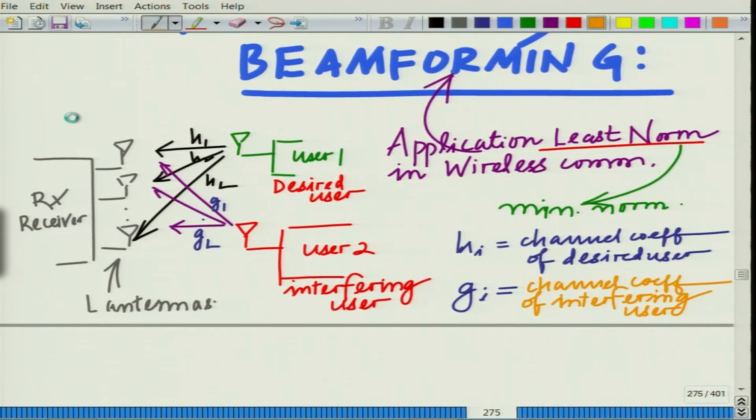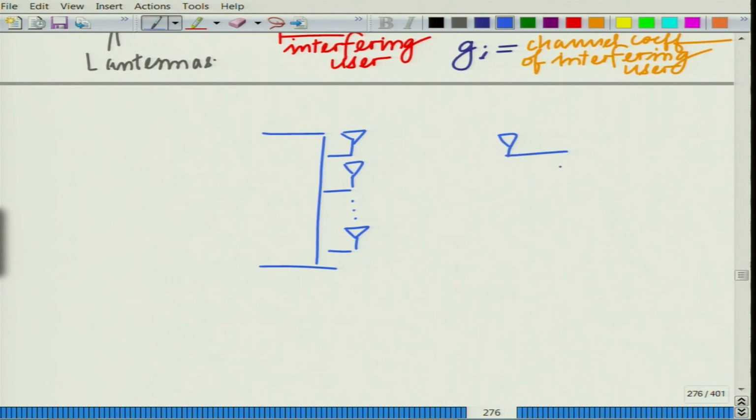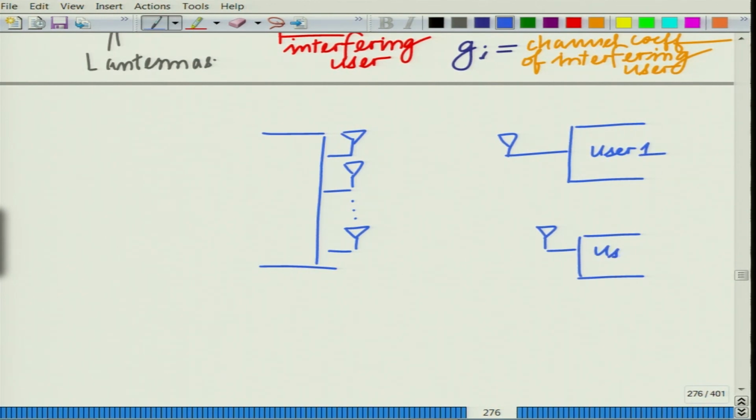And now, what we want to do in multi-user beamforming is something interesting. You have this multiple antenna system, and that allows us to separate multiple users to receive the signal from the desired user while suppressing the interference from the interfering user, as follows.